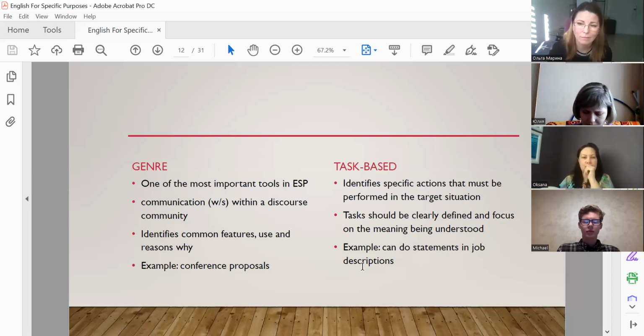So one of the can-do statements would be to pass the IELTS exam, but when they pass it, then there are other can-do statements that they need to fulfill. So in job descriptions could be something. Can you think of any can-do statements in job descriptions?